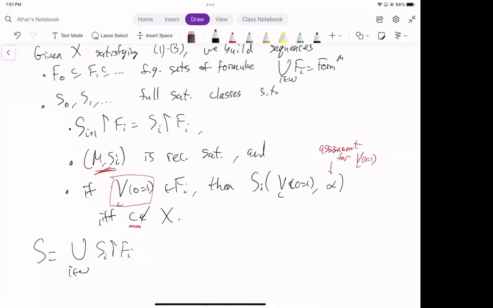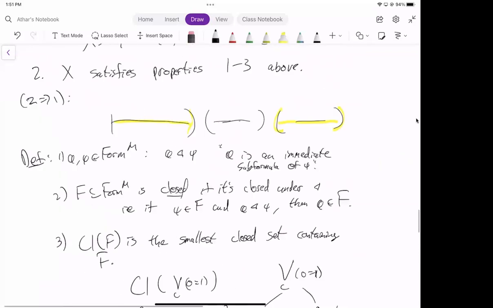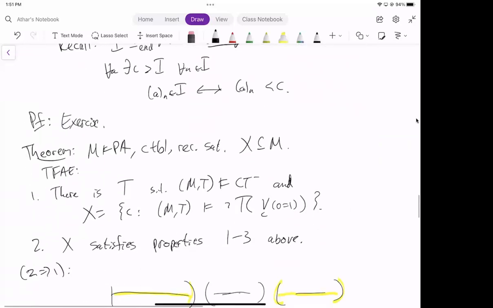I thought this was interesting as a good example of building a satisfaction class on the model itself. But it wouldn't work on any model. It has to be arithmetically saturated. If the set X we want is omega, then omega satisfies properties 1 and 2 that I mentioned, but property 3, that is separability, requires strength.